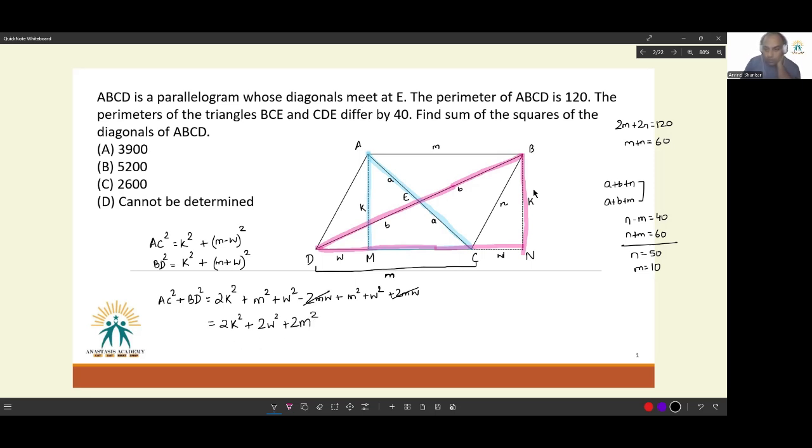Now, look at the triangle BCN. Look at this triangle. Can I say K square plus W square is equal to N square? So, I can rewrite this as 2 times N square plus M square.